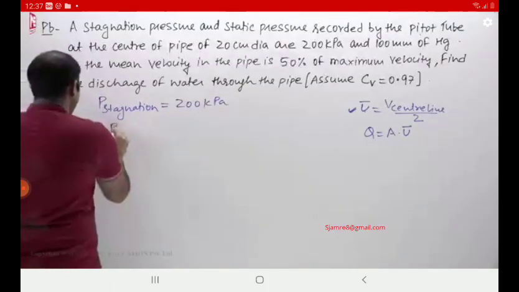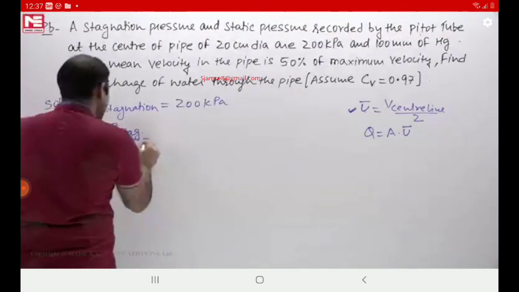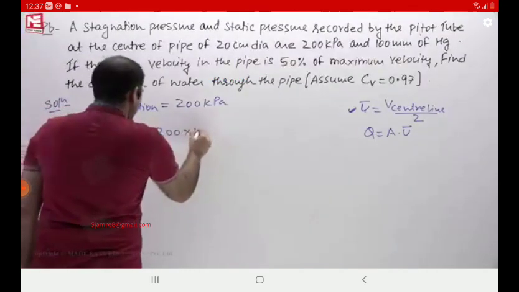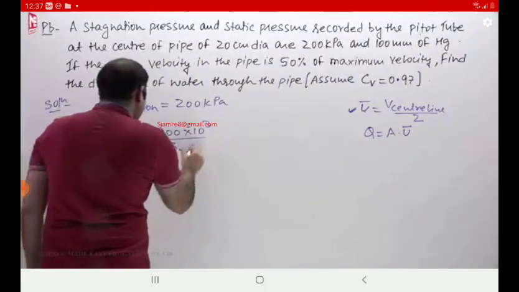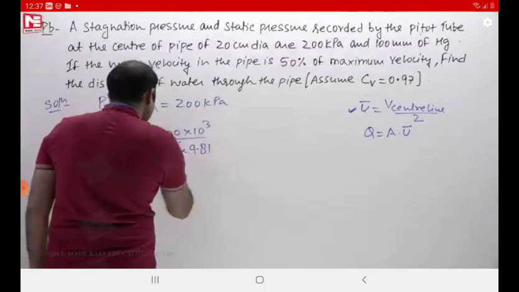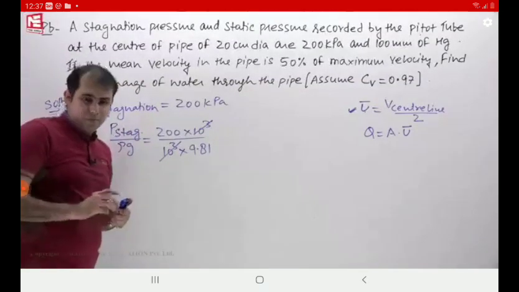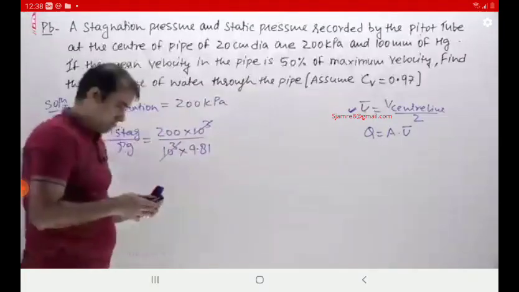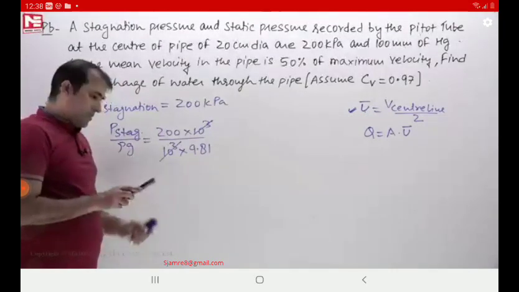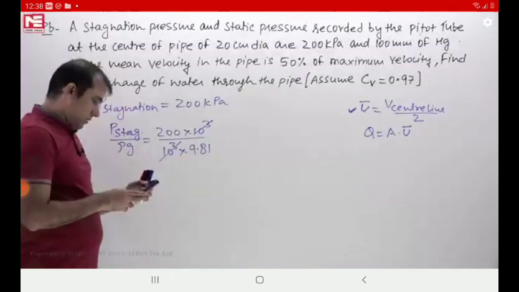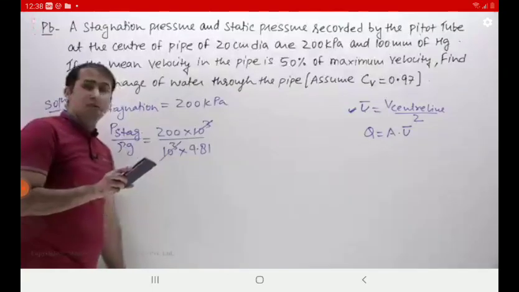So this is P stagnation divided by rho g. 200 into 10 to the power 3 divided by 10 to the power 3 multiplied by 9.81. This cancelled. Value is 20 divided by 9.81, multiplied by 100, 200. 20.387.